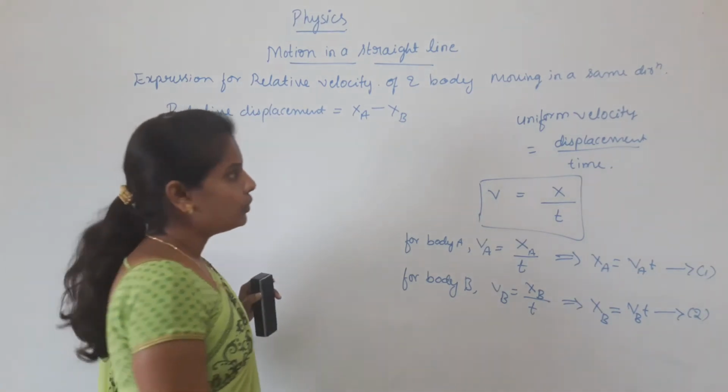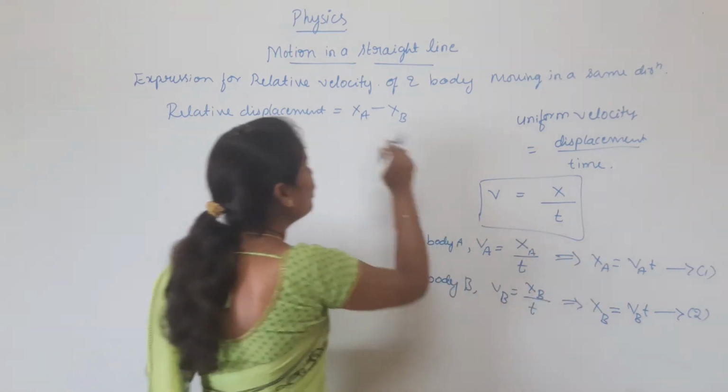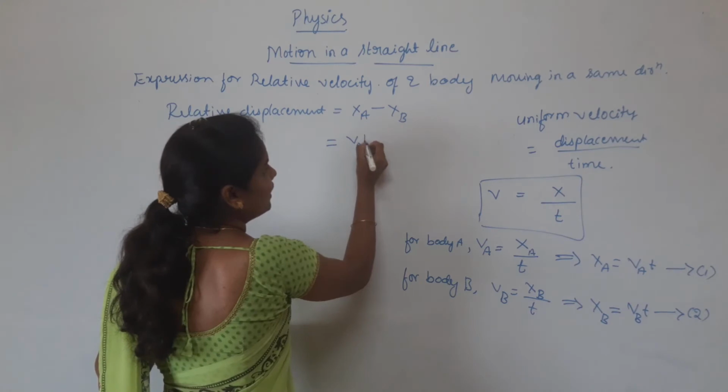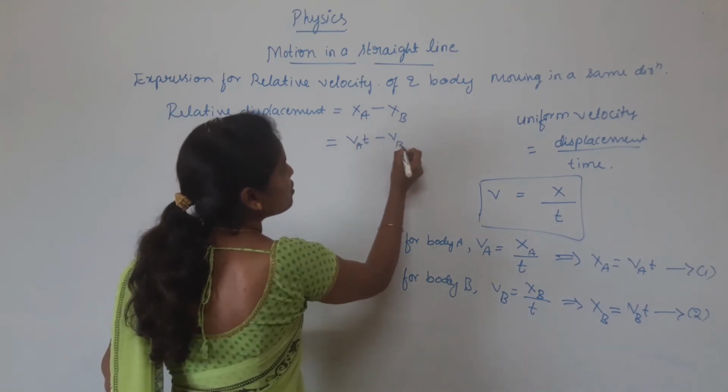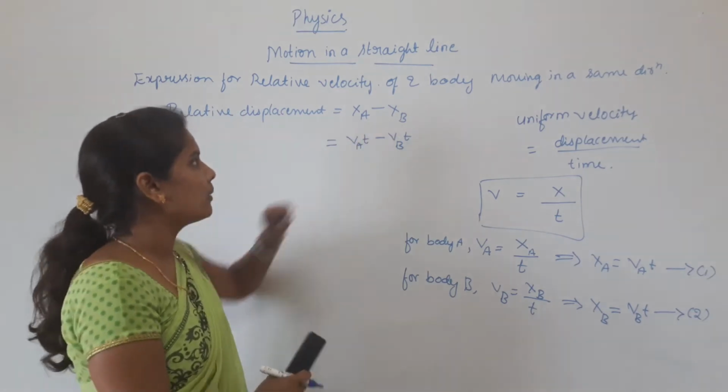So substitute the xa and xb values from equations number 1 and 2. We get va times t minus vb times t. This is the value of xa minus xb.